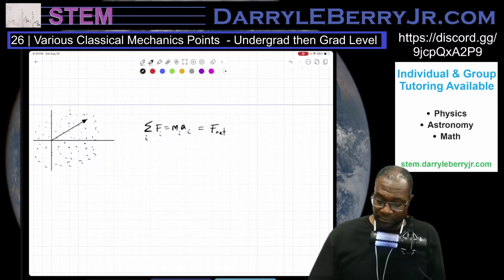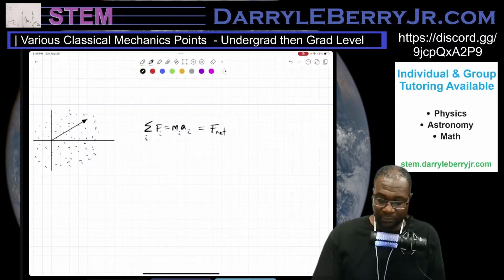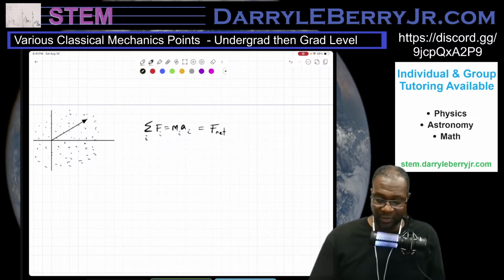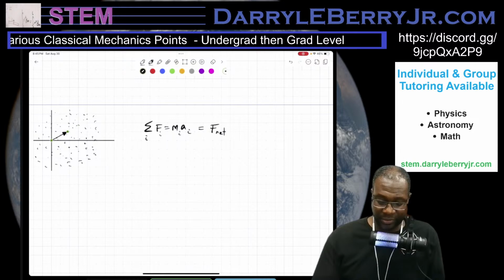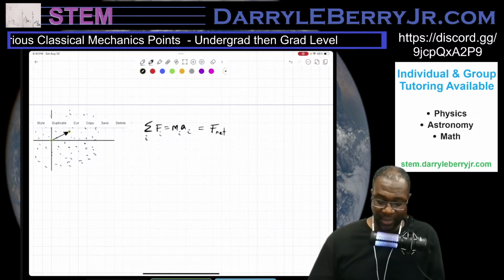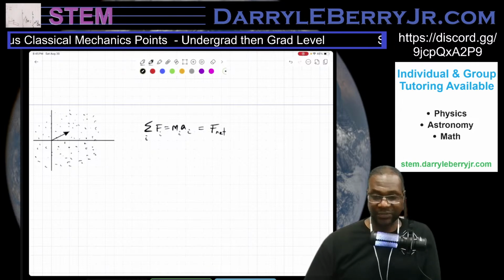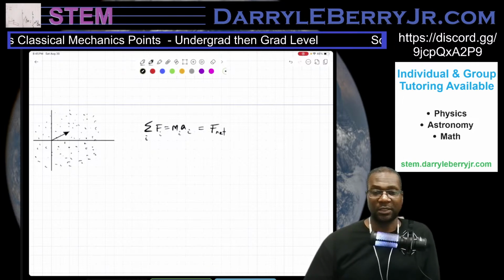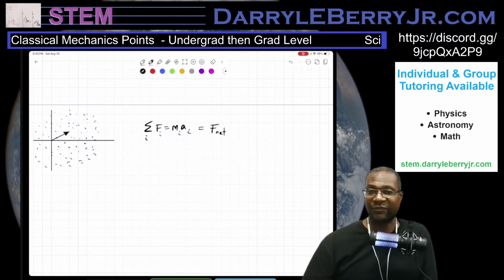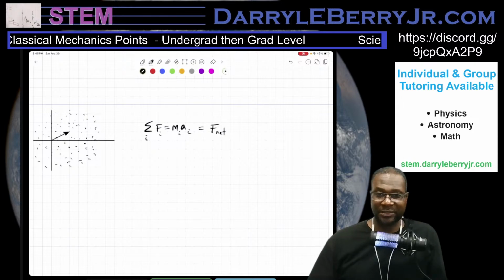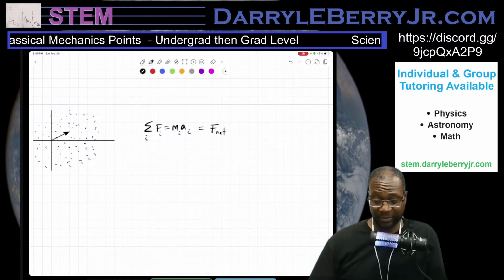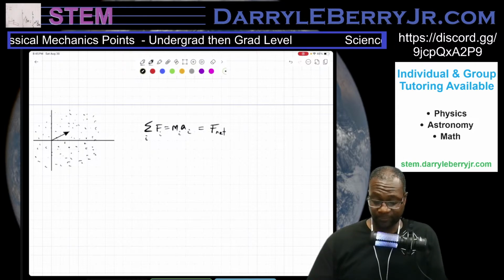If we look at this grouping of particles, we can consider that somewhere in this grouping there's going to be a center of mass. We can find that center of mass using a weighted average of each of the masses and their positions in this system of particles.